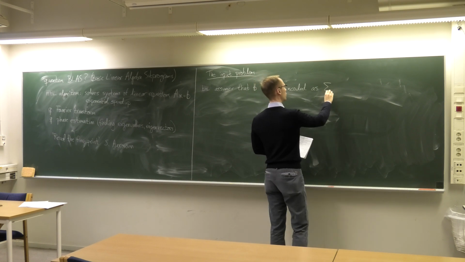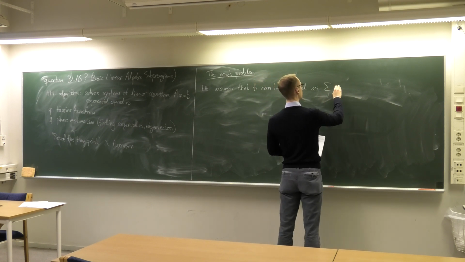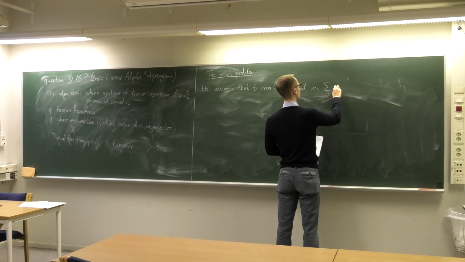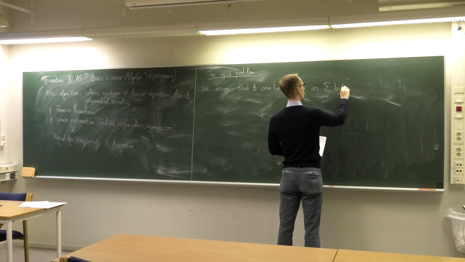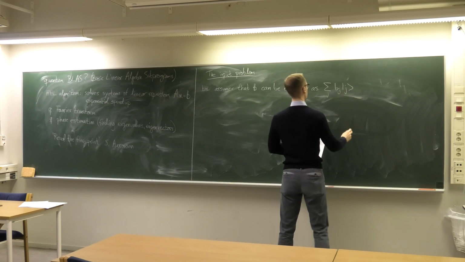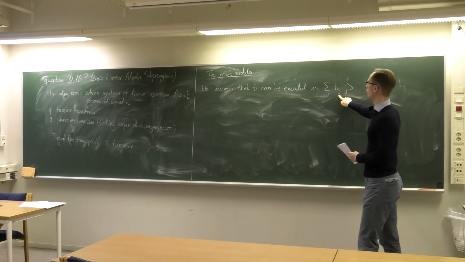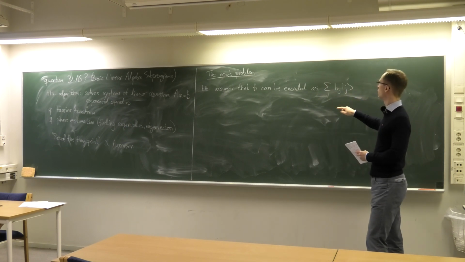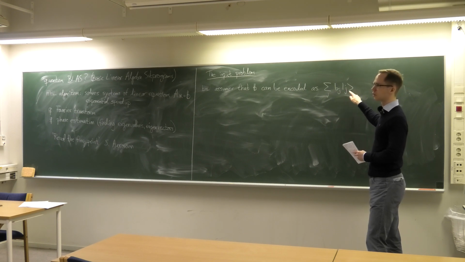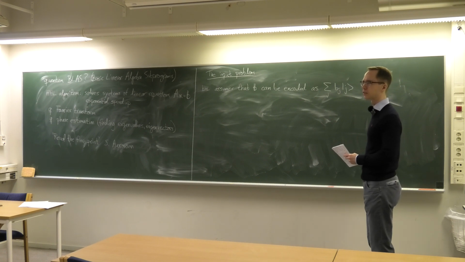So basically the jth element in B becomes the amplitude for the jth computational state.